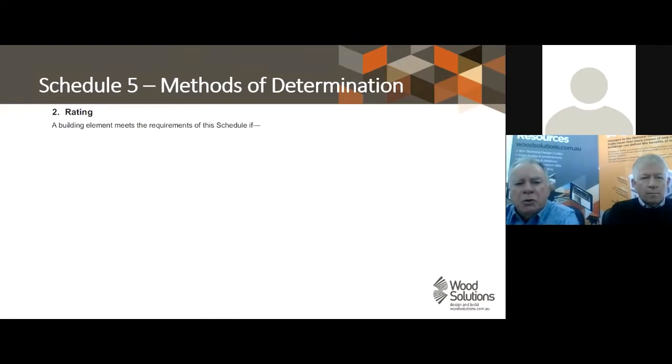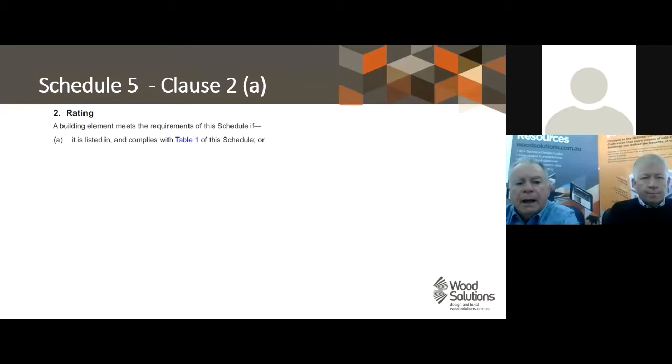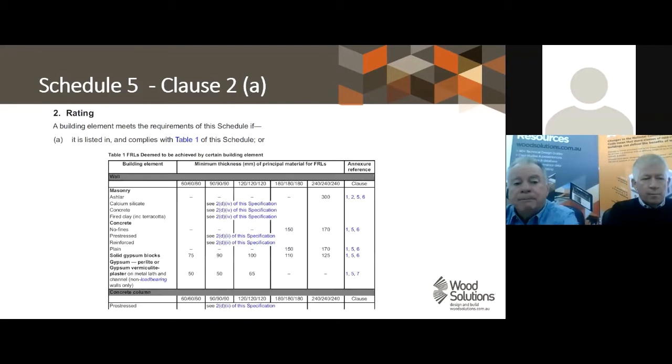Clause 2 of Schedule 5 says, a building element meets the requirements of this schedule if A, it's listed in and complies with Table 1 of this schedule. And Table 1 is basically a table that sets out different building construction assemblies, and then gives you the FRL that is deemed to be achieved by that assembly.